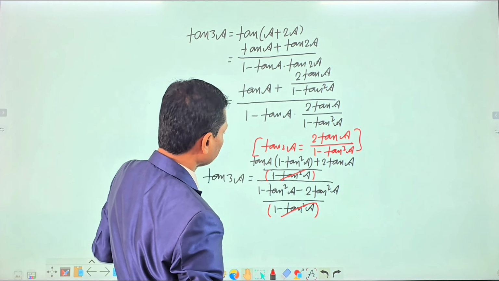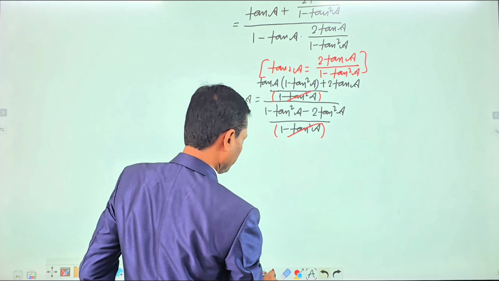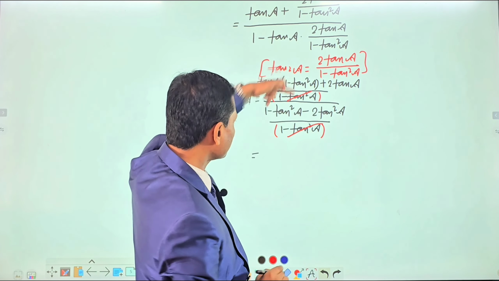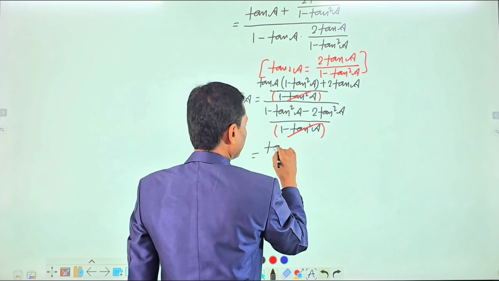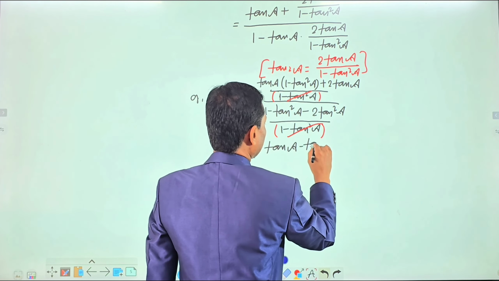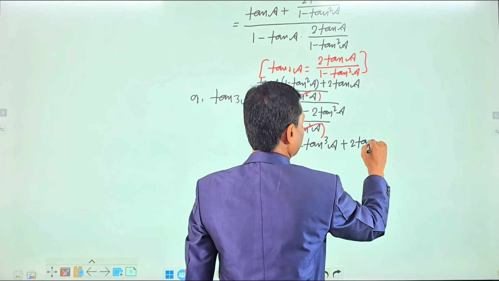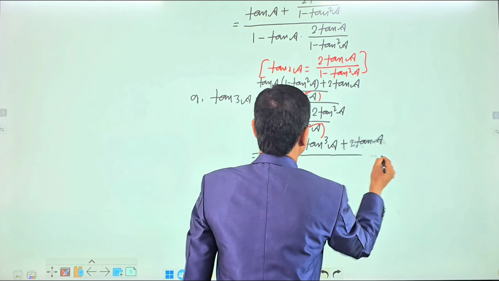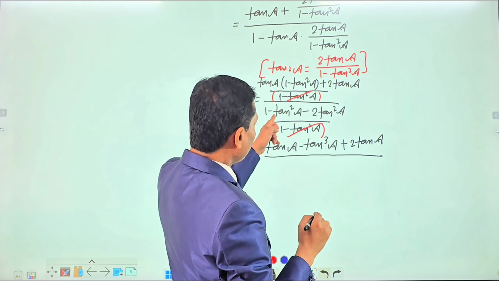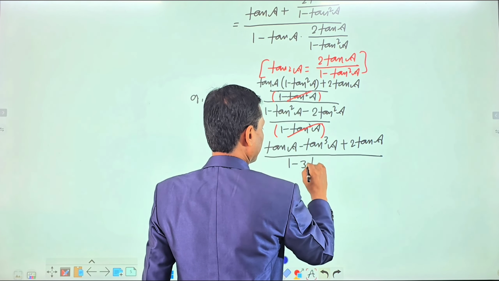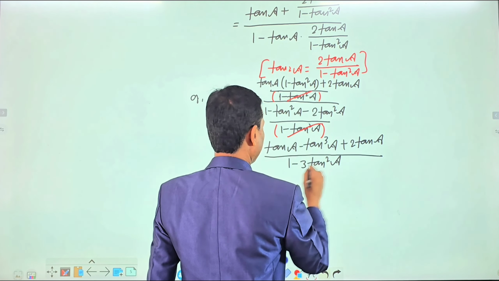Moving forward, let's have a look here. See carefully. Just open the bracket. So tan a into 1 is tan a minus tan cube a plus 2 tan a over here 1 minus tan square a minus 2 tan square a, that gives us 1 minus 3 tan square a, right?